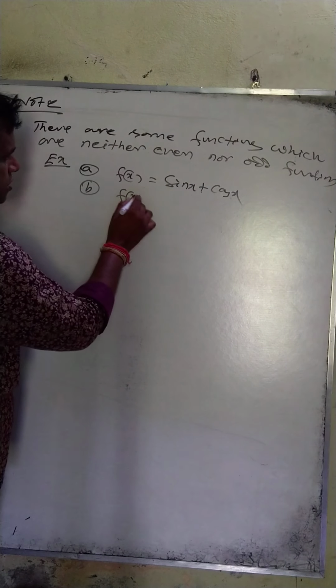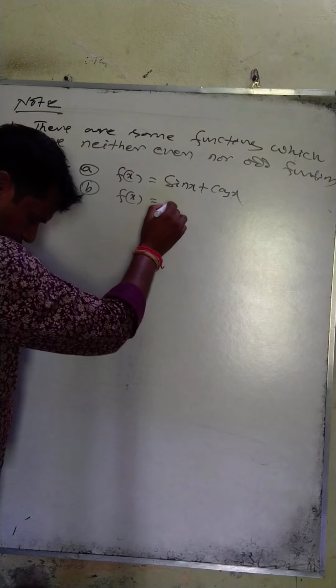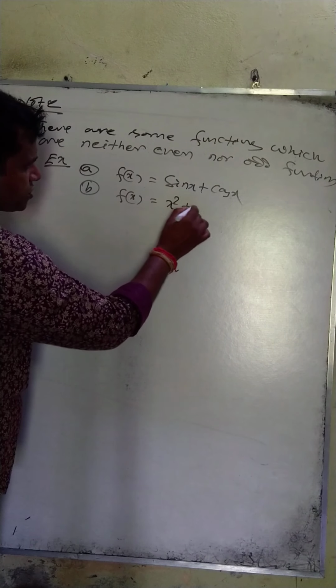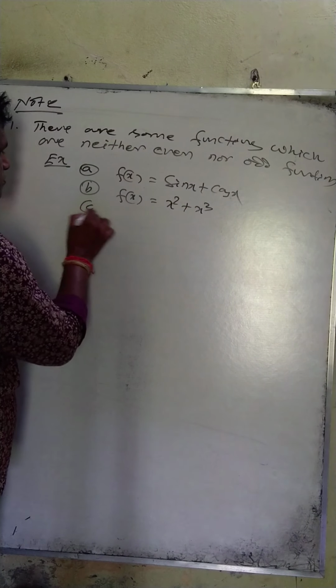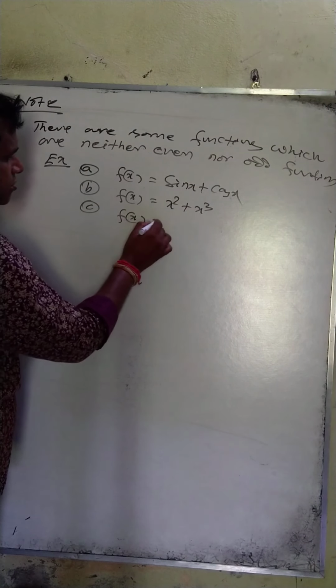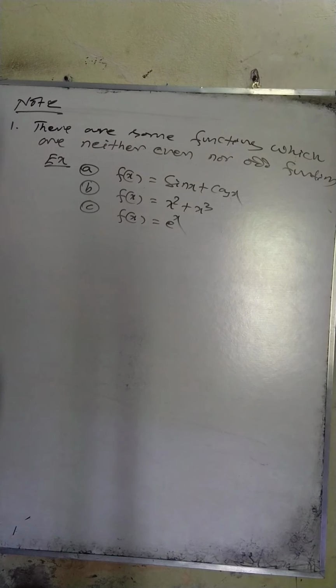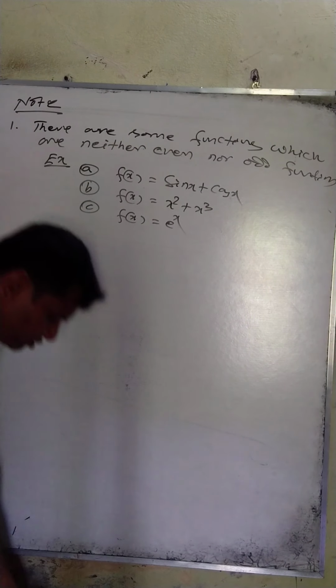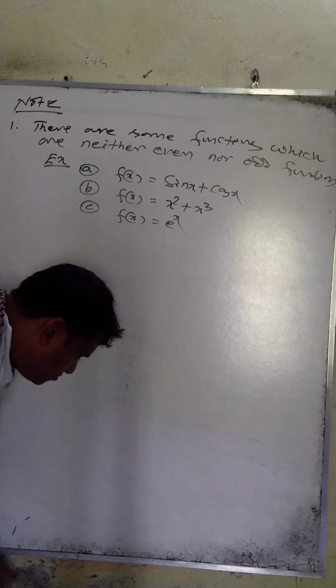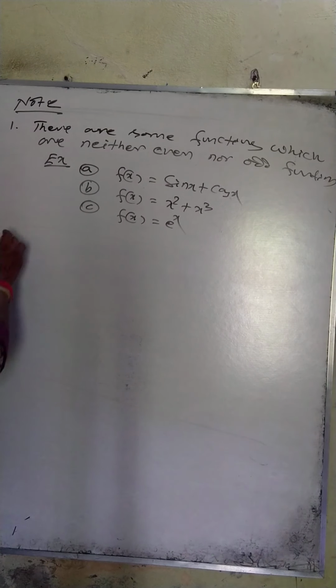F of x is equal to x square plus x cube. F of x equal to e to the power x. These are the functions which are neither even nor odd.